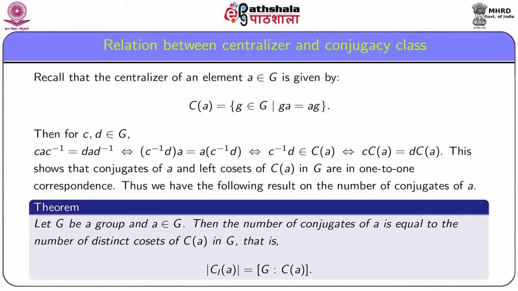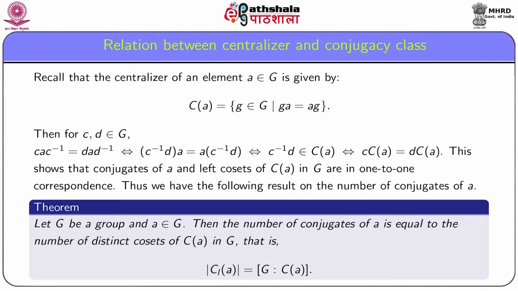Though we speak of the number of elements, in its strict sense we should note that in case of infinite sets, the number of elements or number of conjugates actually means the cardinality of Cl(a).